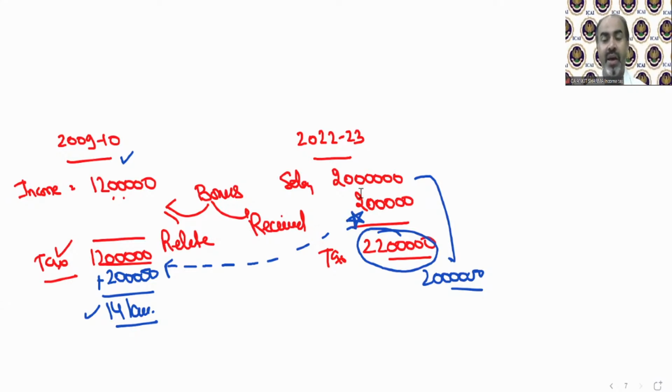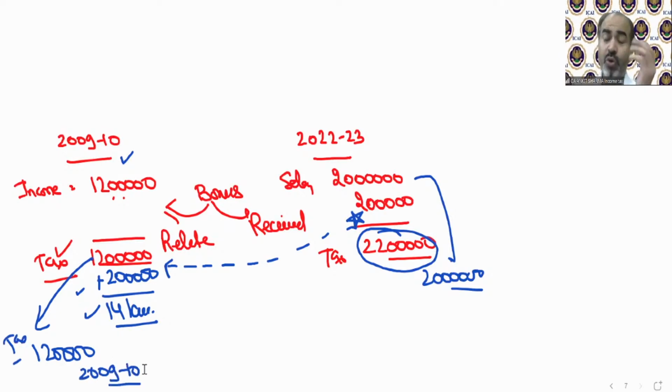He is saying, if this 2 lakh had been taxed in 9-10, then my overall tax liability of 9-10 and 22-23 might be less. For example, just for example, he had paid tax of 1,20,000 on 12 lakh rupees in previous year 2009.